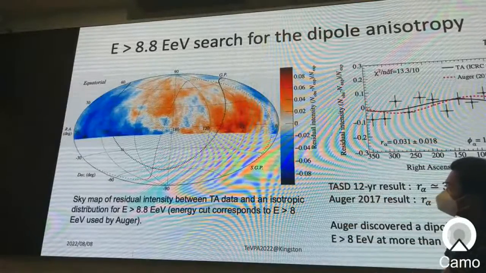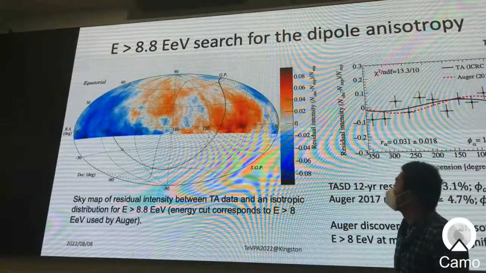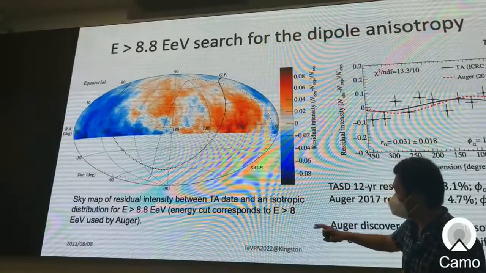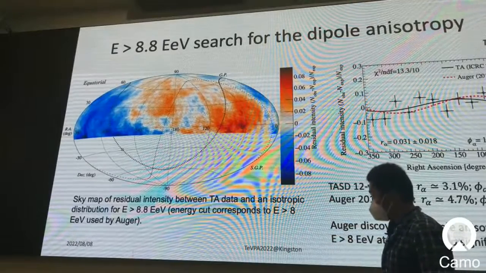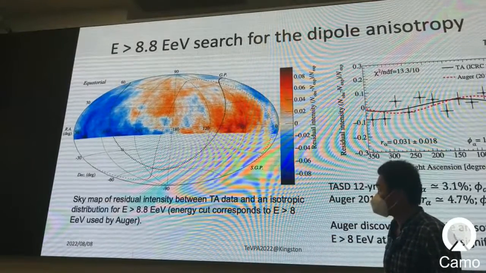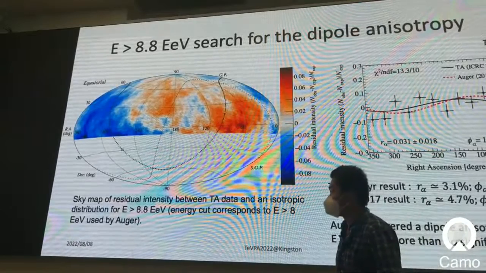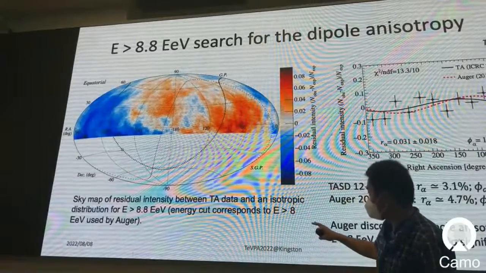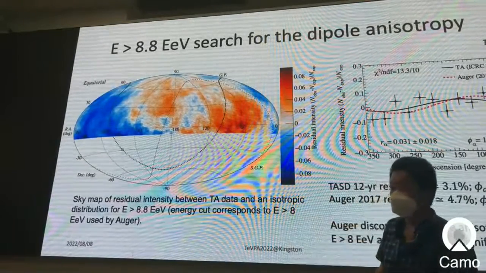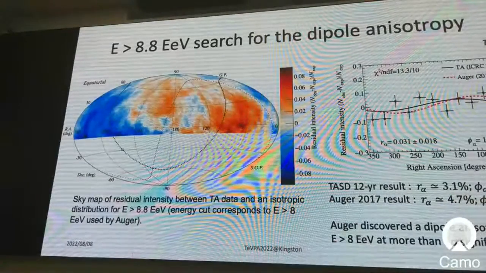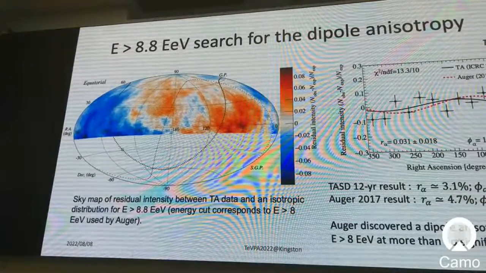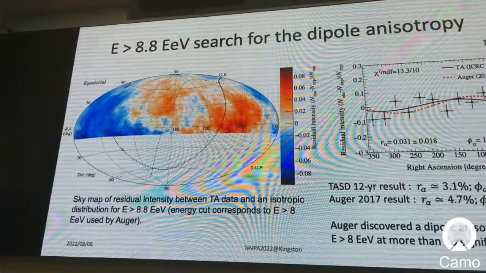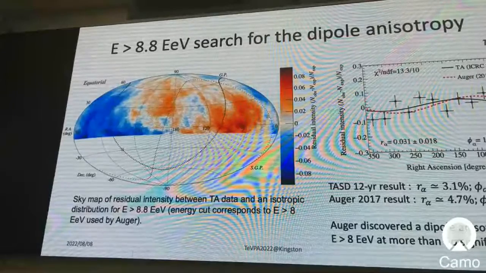This is a sky map of residual intensity between TA data and an isotropic distribution above 8.8 EeV, because of the 10% energy shift, to rescale energy to do the same analysis with the same energy threshold as Auger.